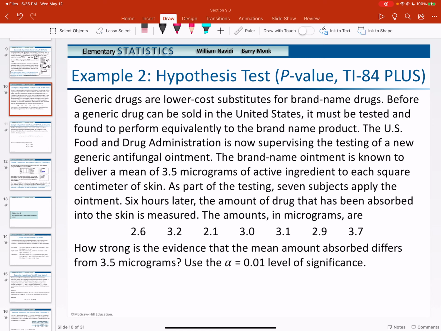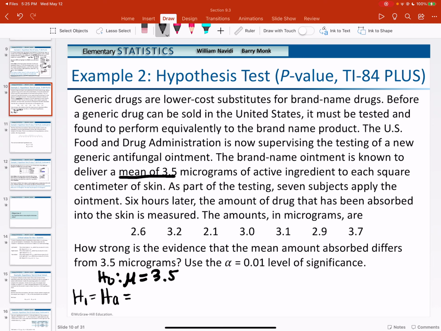So how strong is the evidence that the mean amount absorbed differs from 3.5 micrograms? So right away, what do we have here? We have mu is 3.5, right? That's the null hypothesis. Okay, the alternative hypothesis, or H1, sorry, just to be consistent.